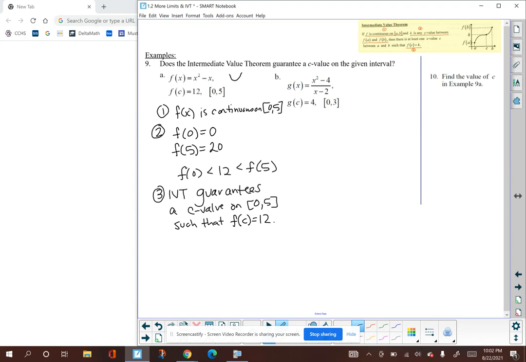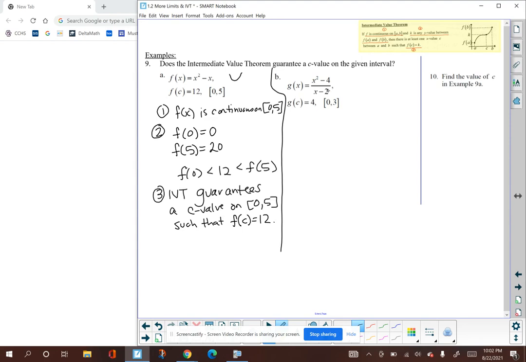And it probably will feel really weird the first few times you do these, but then you get used to how you have to word it, so it'll be fine. And we'll have tons of practice of this. All right, so those are the 3 parts you have to go through to show that you have a c value. It's actually easier, it turns out, if there isn't one.